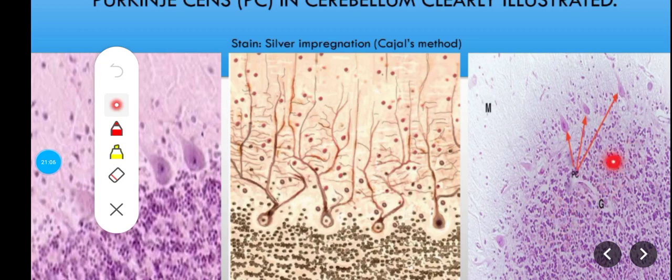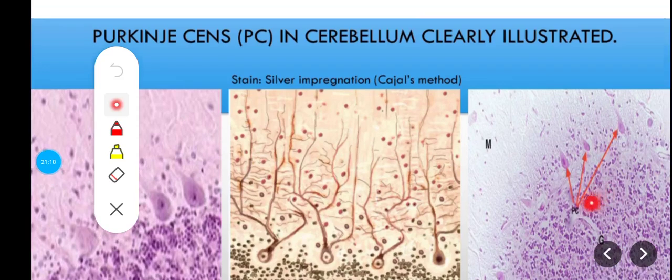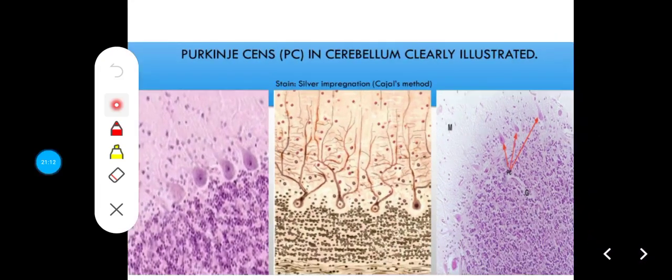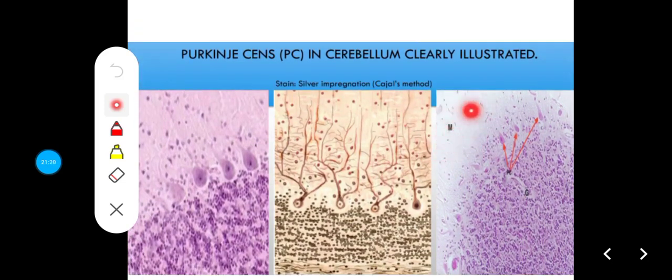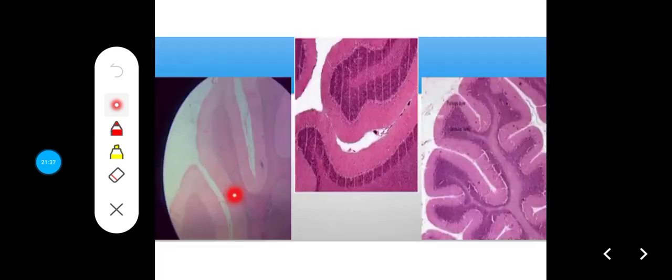Most of the cells in the granular layer are Golgi cells. The molecular layer contains stellate cells and some basket cells. The Purkinje layer contains the Purkinje cells. So you can appreciate the same idea here.